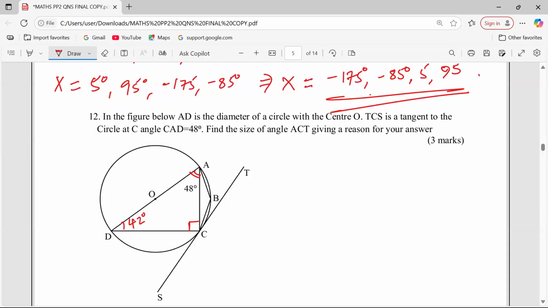That angle is 42. If that angle is 42, then, ladies and gentlemen, I have to conclude that now ACT as an angle equals also 42.